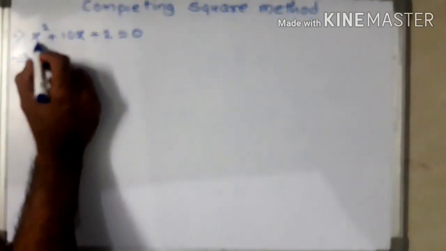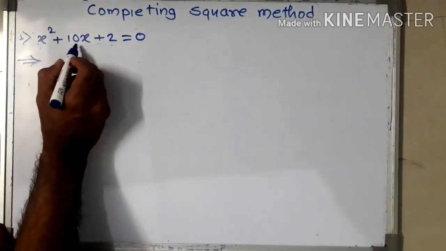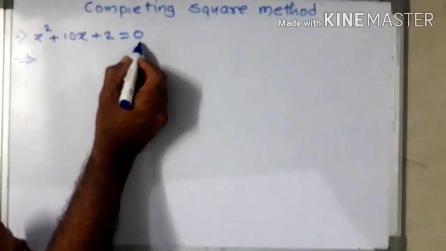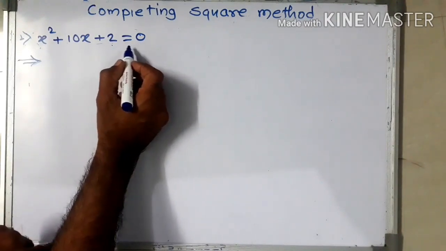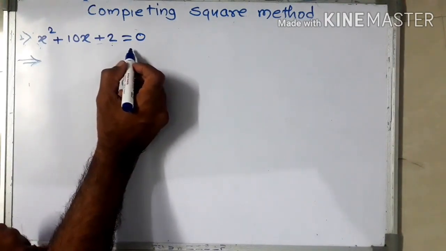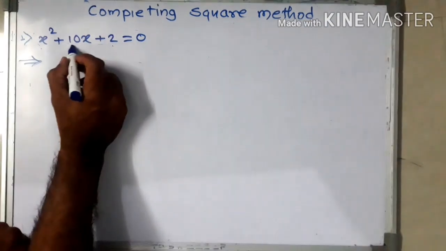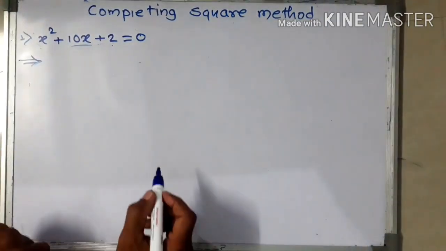Here this is the quadratic equation x square plus 10x plus 2 equals 0. This is a quadratic equation, we know that. Now let us try to solve it by splitting the middle term, that is by the factorization method.